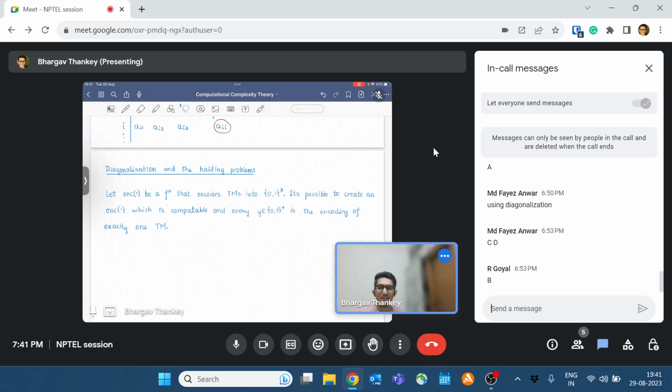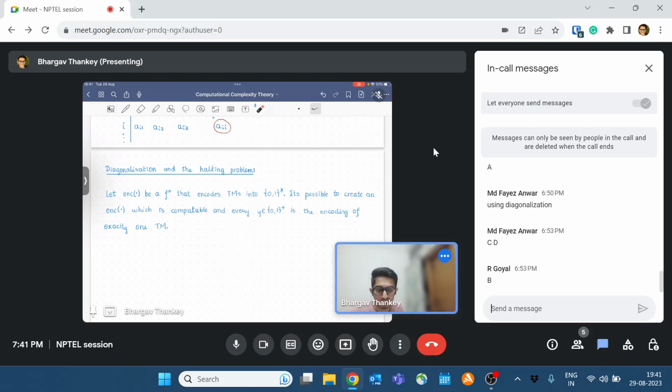Okay, I won't tell you how exactly, but you can create an encoding which is computable. One very simple way of doing it is the following. A Turing machine is just a tuple. Write down that entire tuple in the standard mathematical notation, the way we do it on paper, and then convert each and every symbol in that tuple to a string using either ASCII or Unicode, and that would give you a string which is an encoding.